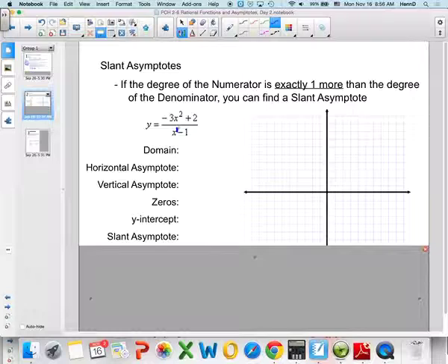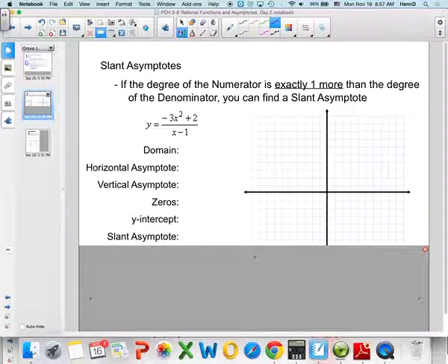Okay? If I had an x to the fourth over an x squared minus 1, that's not going to have slant asymptotes. It can have horizontal and vertical asymptotes just like our other ones. But if the numerator is bigger on top, you would still go through and check this specific one.